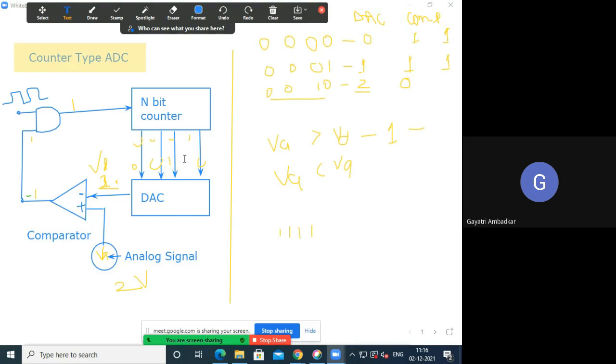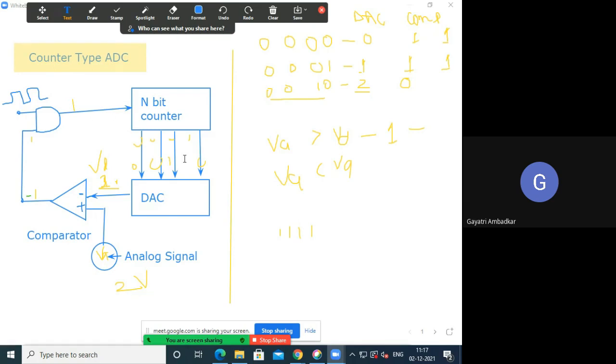The circuit is easier, less complex, therefore less expensive. But see how much conversion time it needs. In the flash type ADC, when the input was given, all these comparators were working simultaneously.